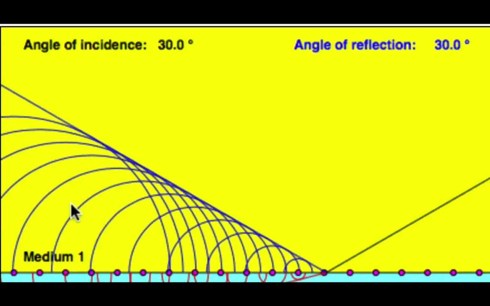So the circular waves, watch where each circular wave has started from. So this circular wave started from here, from this electron, and then moved outwards and then joined up with the other circular waves produced by all the other radiating electrons, and so you got a plane wave that's now headed outwards.